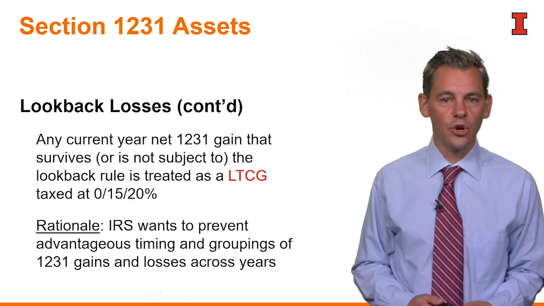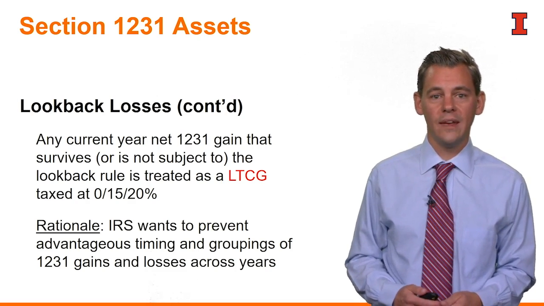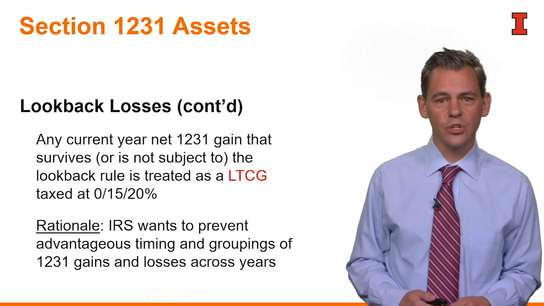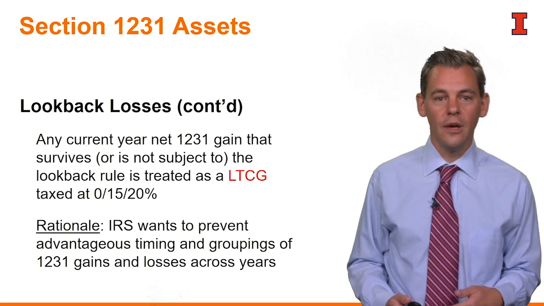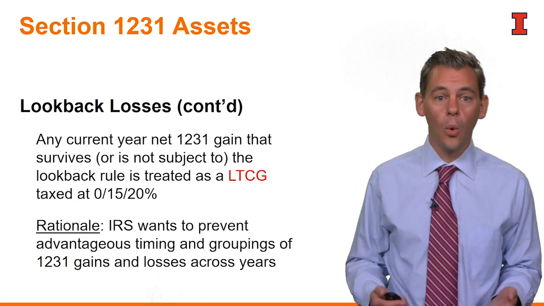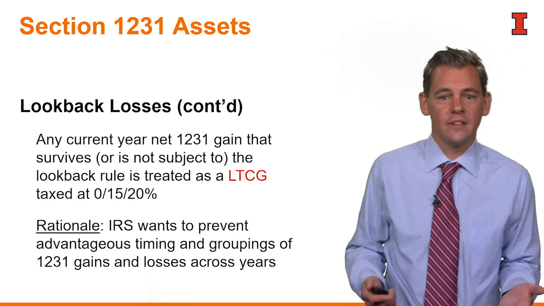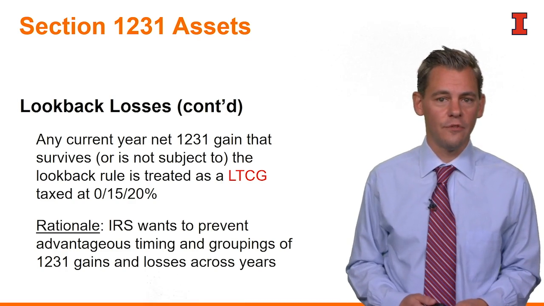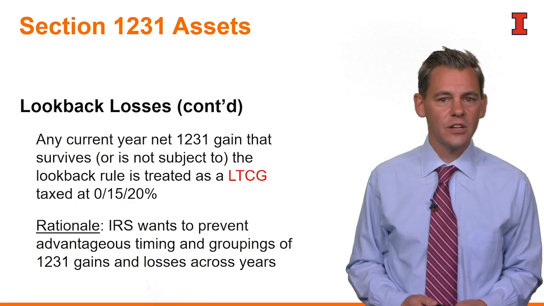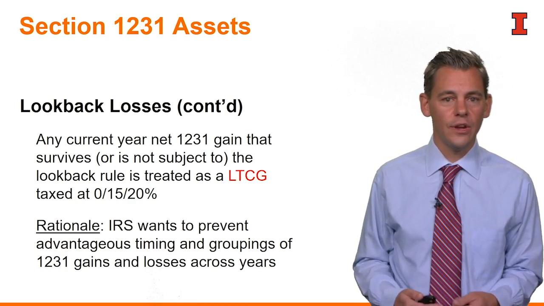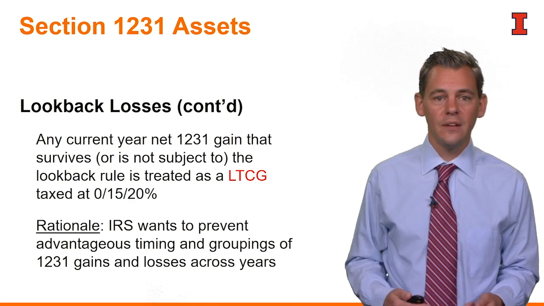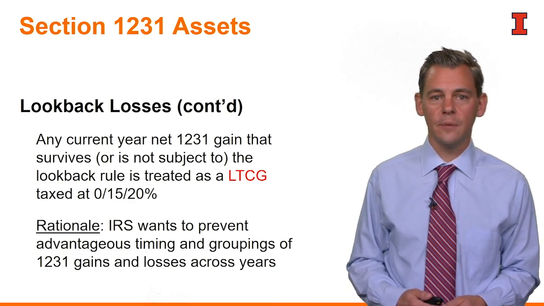Now, to the extent you have a current year net Section 1231 gain that survives this look-back rule, that is, the current year Section 1231 gain is larger than any Section 1231 loss in the last 5 years, or if this rule doesn't apply because the taxpayer didn't have any Section 1231 losses in the past 5 years, then the net Section 1231 gain in the current year will be given long-term capital gains treatment and taxed at 0, 15, or 20%.